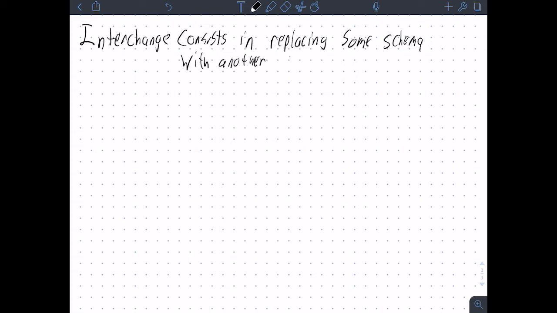Okay, interchange. So interchange is what we call the process that consists in replacing some schema with another schema when the conditions for substitution are not met.